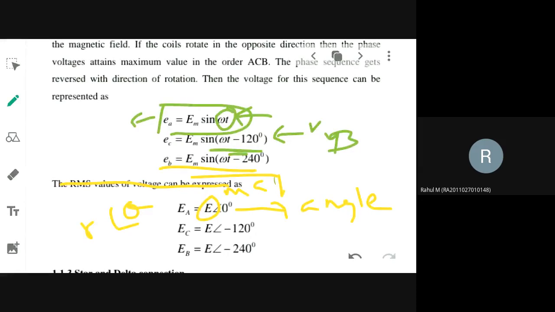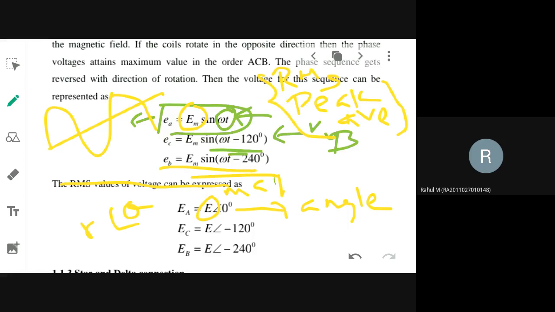Okay. So what is this E, ma'am? EA is equal to E angle 0. EM is the maximum value. E is the RMS value. Suppose this is a sinusoidal quantity, there are three ways in which you can represent it: either by using an RMS value, or by using a peak value, or by using an average value. There are three ways in which you can represent any AC quantity.